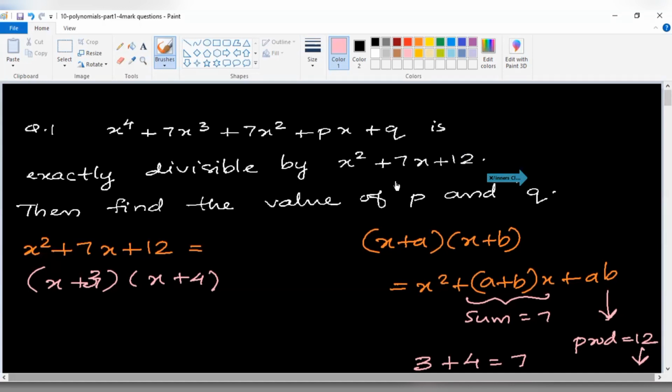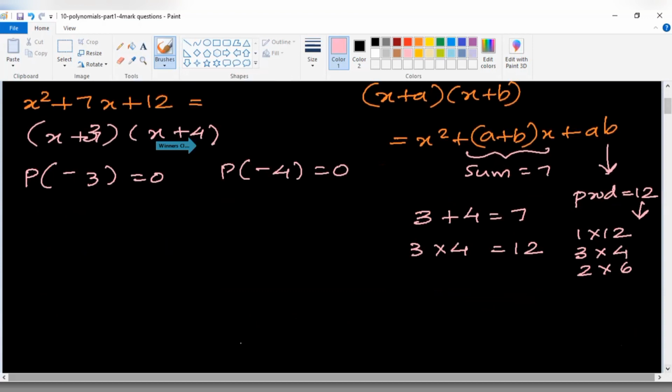Now we will check the meaning of the question. See, the first polynomial is a multiple of this second polynomial, which means if this is a factor of this polynomial, what can we say? P of minus 3 is equal to 0 and P of minus 4 is equal to 0.